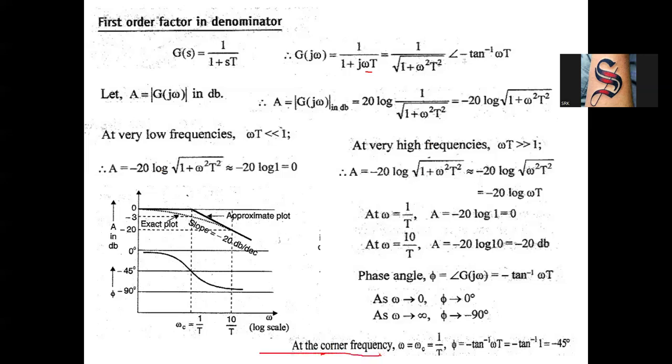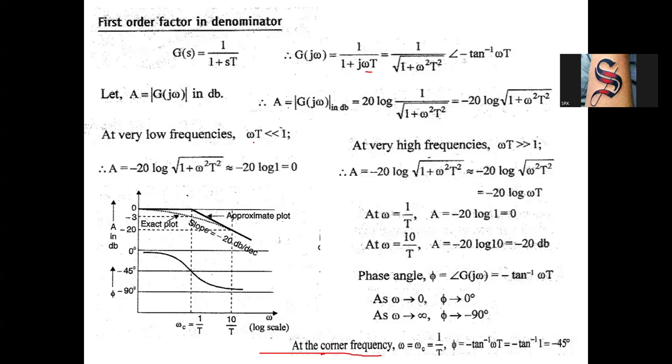What is the meaning of corner frequency? The corner frequency separates the low frequency region and the high frequency region.